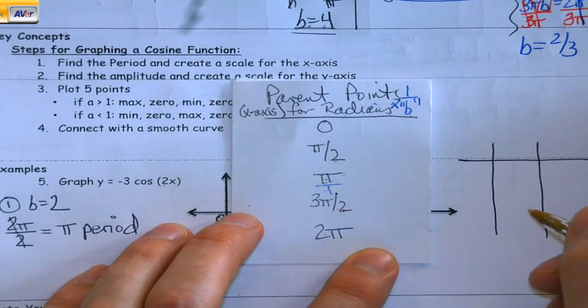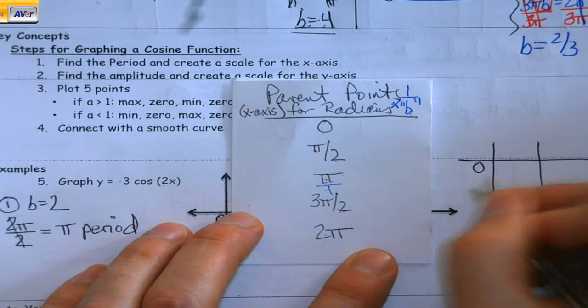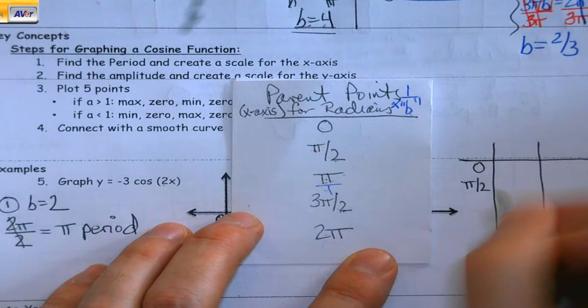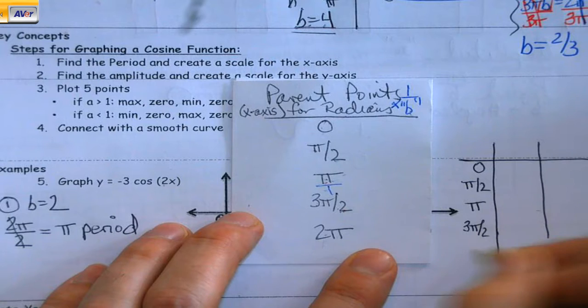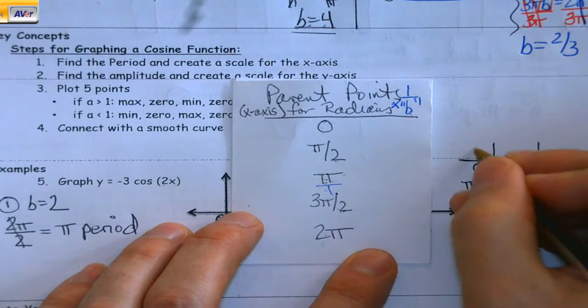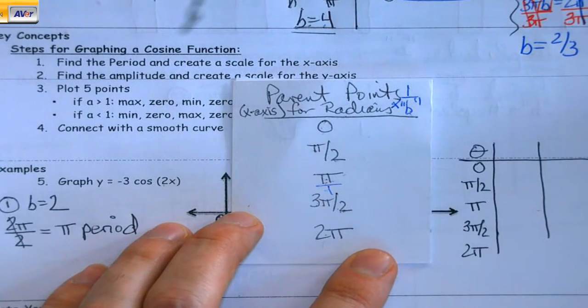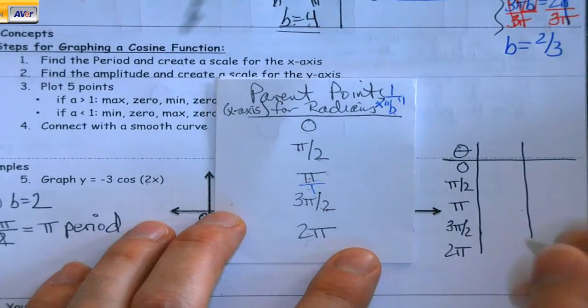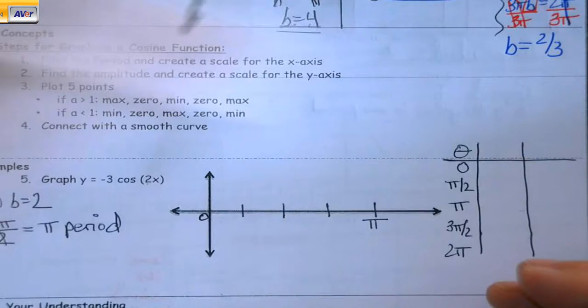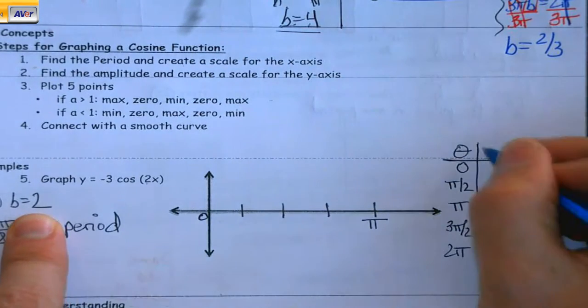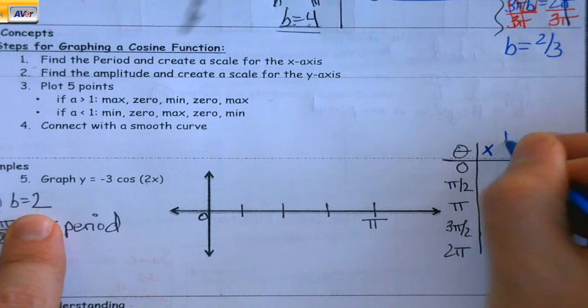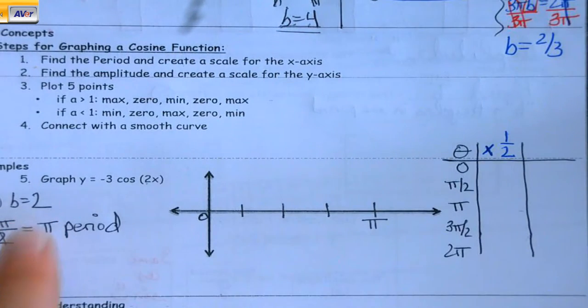So what I normally would do here is I would take my parent points, okay, that's normally the points that I would use along here. But now what I'm going to do is I'm going to take my b value, which is 2, and I'm going to multiply these by the reciprocal of that value, or the flip.